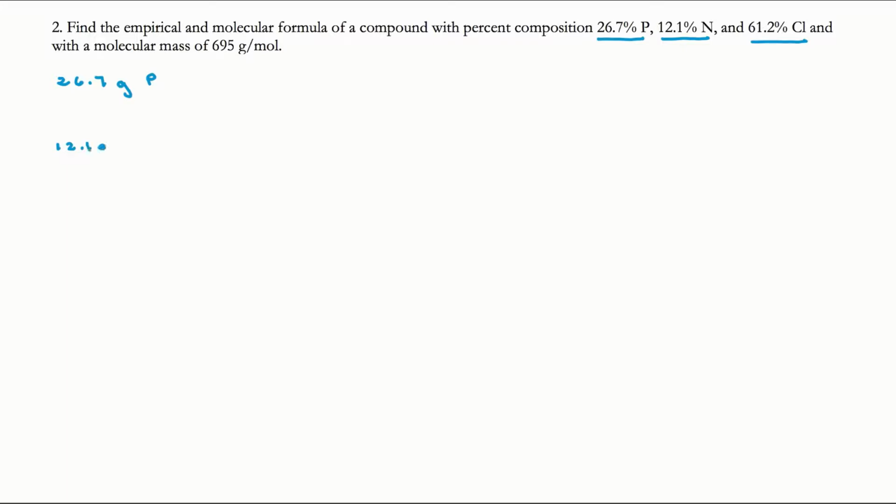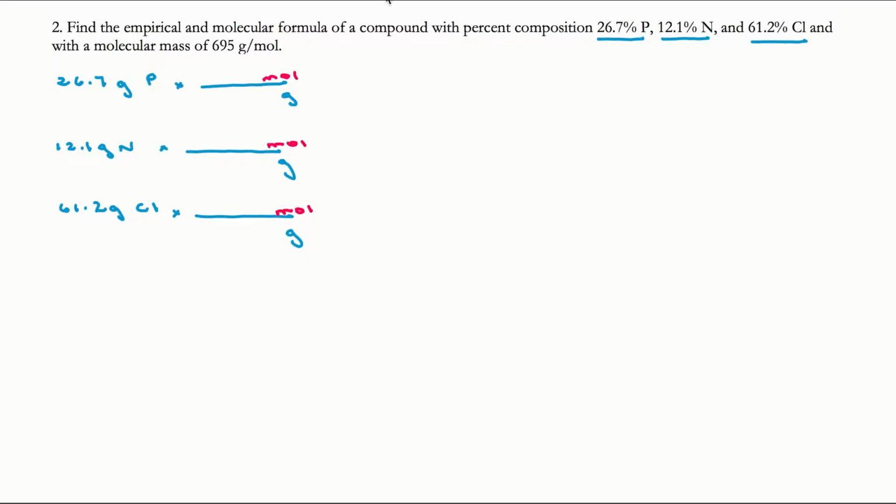12.1 grams of nitrogen, 61.2 grams of chlorine, and I'm going to convert each of these into moles because the subscripts in the empirical formula represent the ratio of your number of moles. So I'm going to get out of grams, putting them on the bottom, and get into moles. In order to do that, I need to put the molar mass of each of these atoms. Okay?